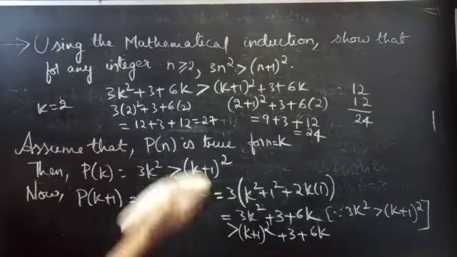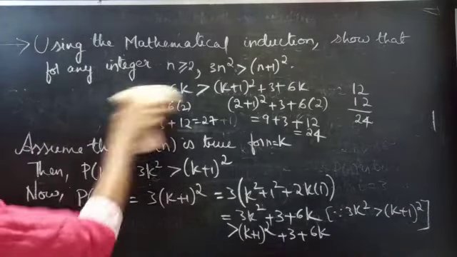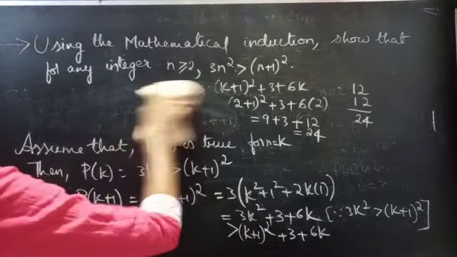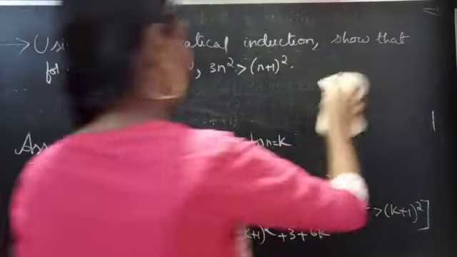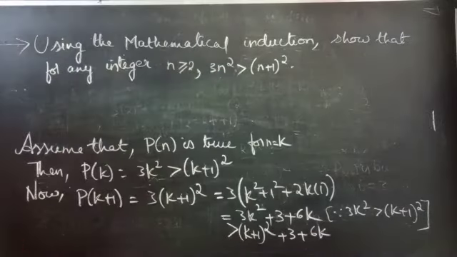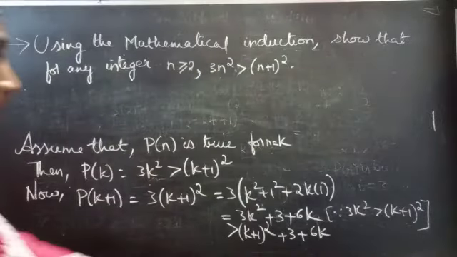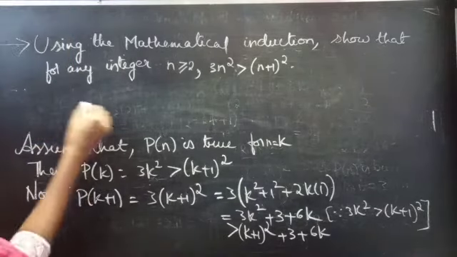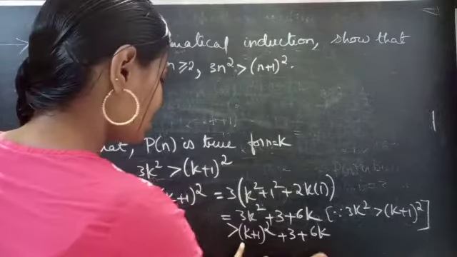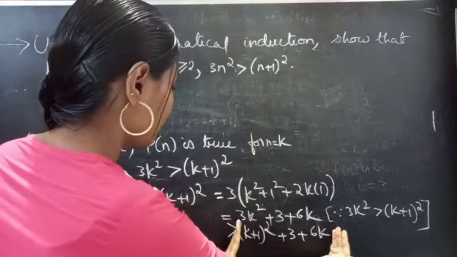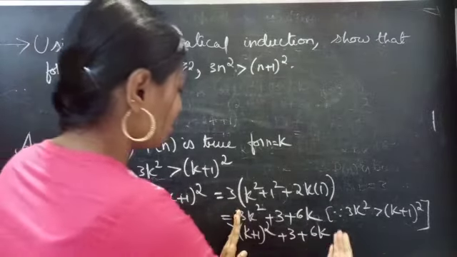Whenever you get a doubt, simply substitute some number for k according to the given condition or hypothesis. Now leave this greater than symbol.